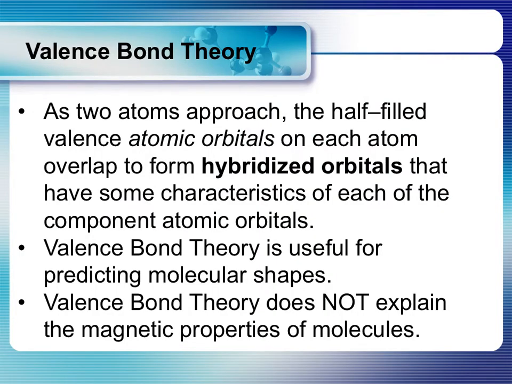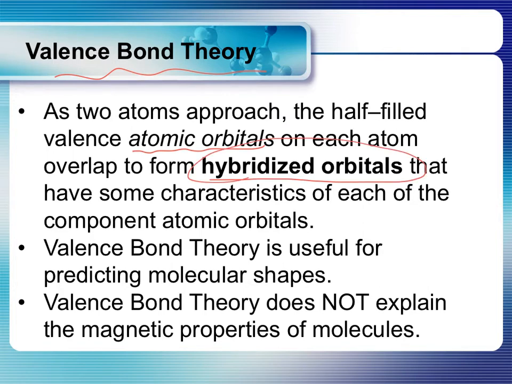So just a brief definition of both of them to begin with. In both cases, the theory suggests that when 2 atoms are beginning to bond, they will approach each other, and the atomic orbitals on each of the atoms that are making a bond will begin to overlap. In the case of the valence bond theory, the theory says that when the atomic orbitals overlap, they form hybridized orbitals.